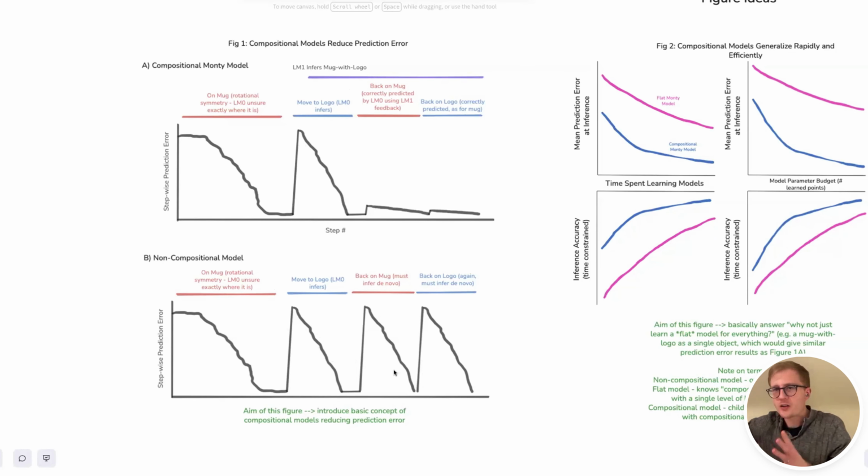Because in its model, it knows where the logo is. It doesn't understand that that's a logo. It doesn't understand it as an object. Right, but in terms of sensory predictions, it would still get low error.